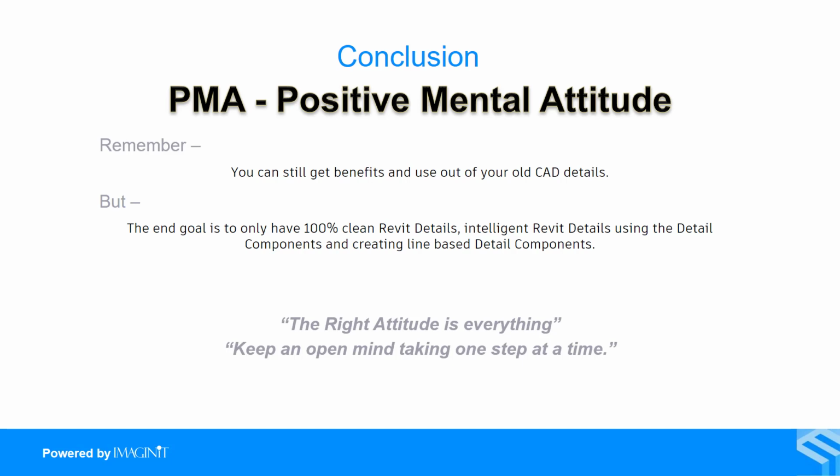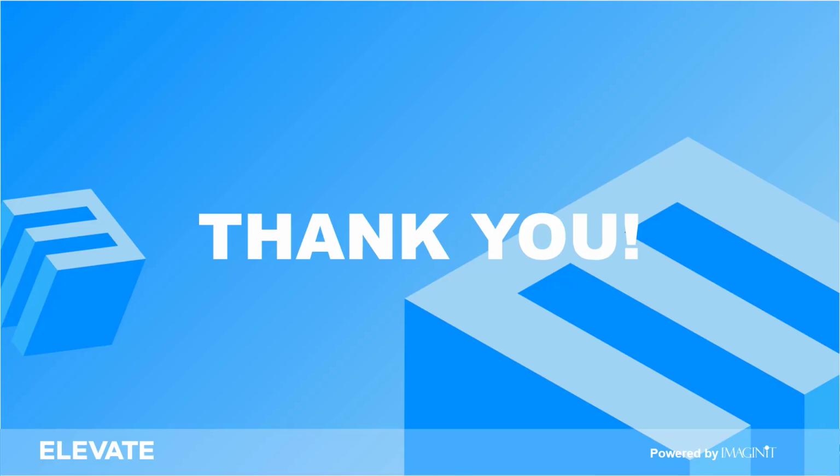So keep a good positive mental attitude. Do this on a case-by-case basis. Before you know it, you'll have a whole library completely set up with all the information that you're looking for. You'll have that detail library created in no time. Once again, that wonderful word, intern, if you can do that.